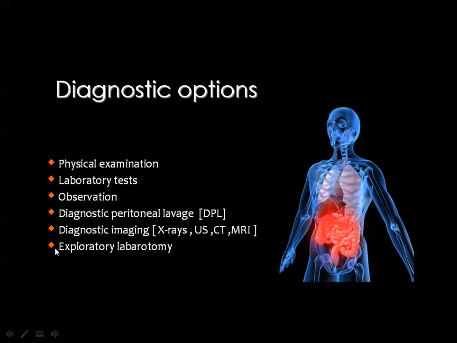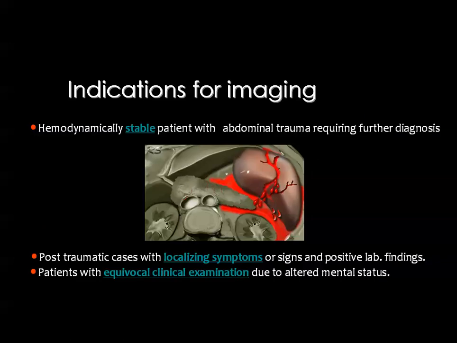Then finally, in some cases with deteriorating general condition, hemodynamically unstable patients are usually sent for laparotomy exploration. Then these are the indications for imaging of patients with blunt abdominal trauma.